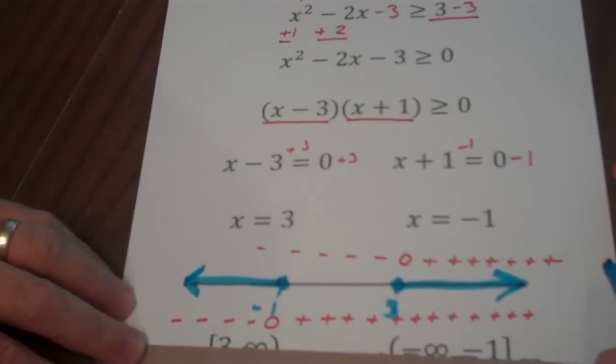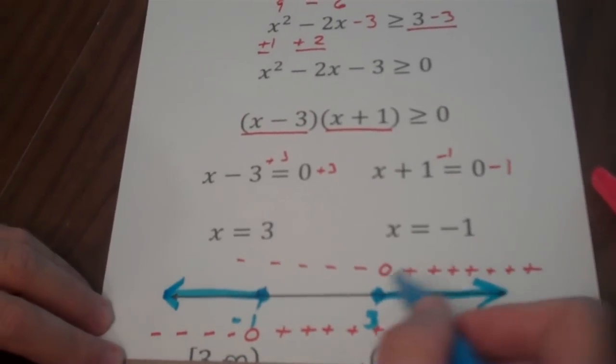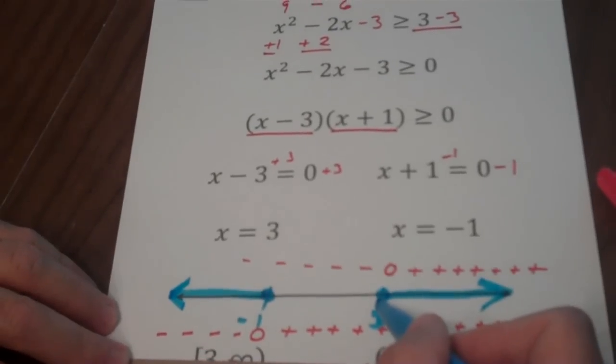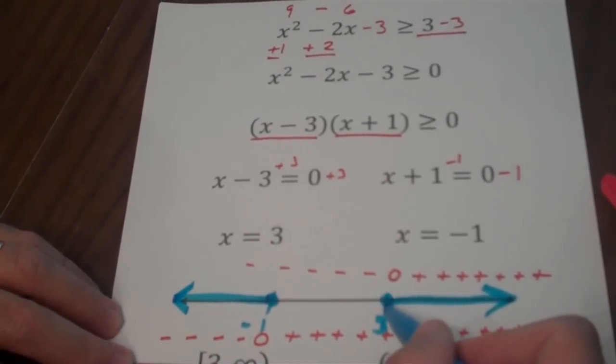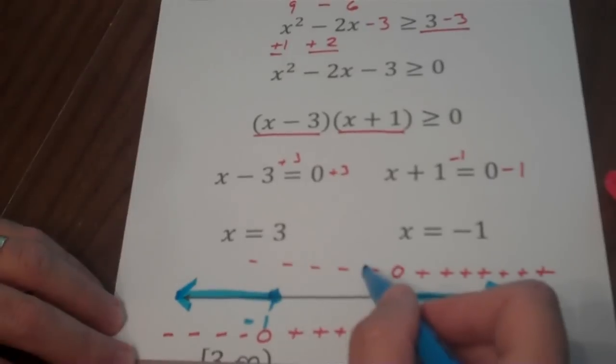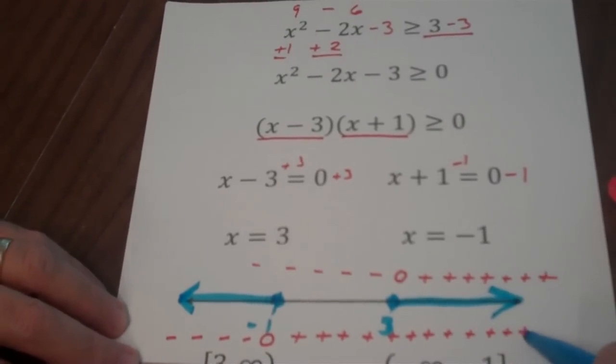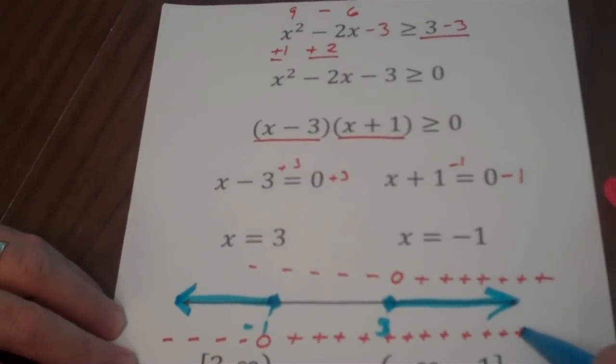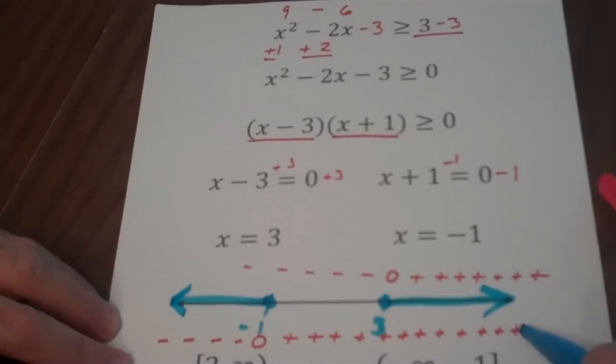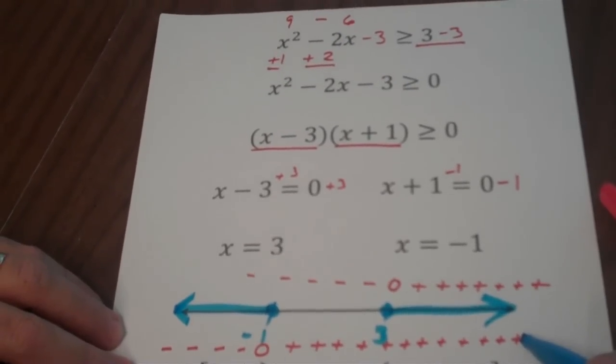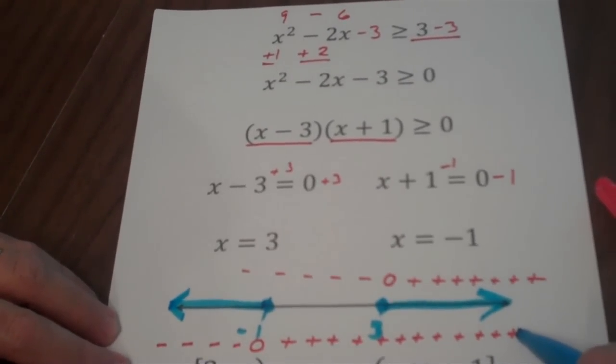Now, what I'd like you to see is that if you go far enough past your last critical point, the last point where you're dividing positives from negatives, if you're way over here on the right, no matter how many binomials you have, eventually, no matter what you plug in, all the binomials will be positive.